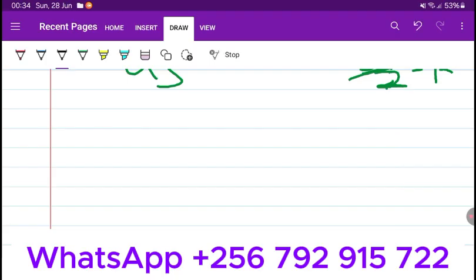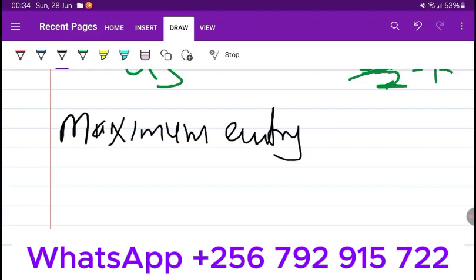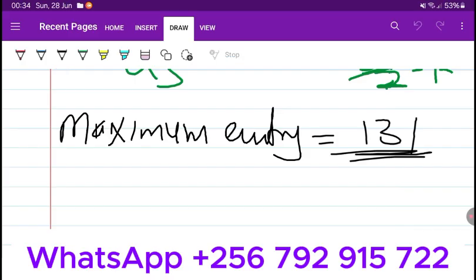The maximum entry as per the data set is 131, but this is not a conclusive value because we need to check whether they are outliers, and the maximum value cannot be an outlier. Now, how do we check for outliers?